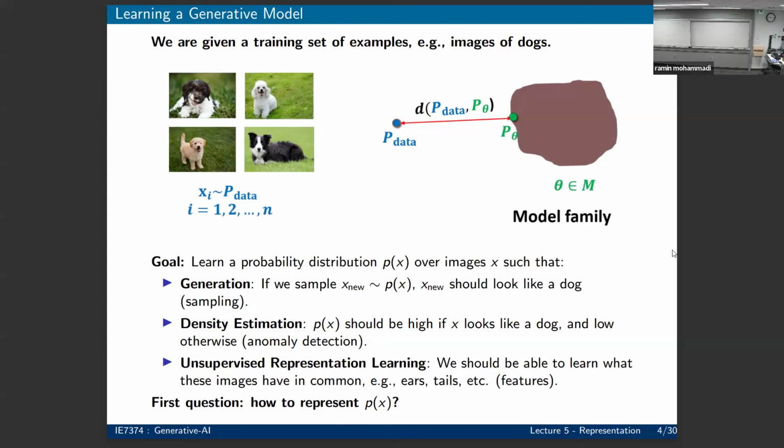As we go through the class, you will see that the different generative models differ in what they select for D and what they select for P of theta. As you select a different model family for P of theta, you end up with a different generative model. You could also pick the same model family, change the distance function, and end up with a different generative model.